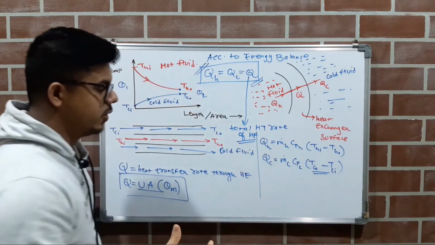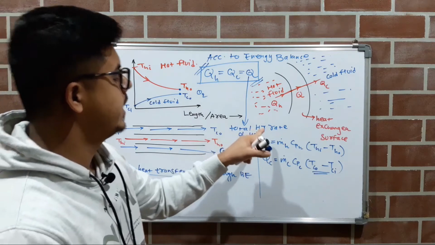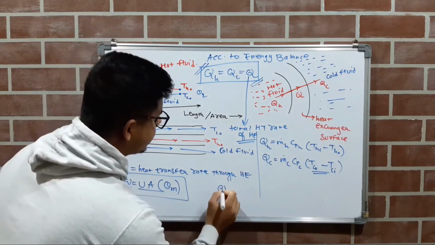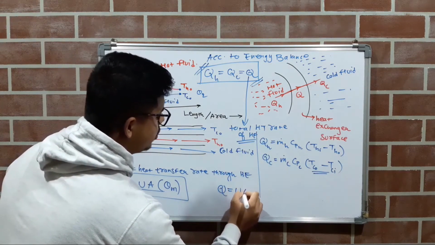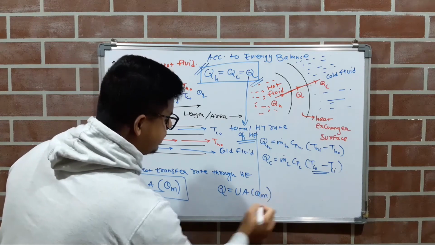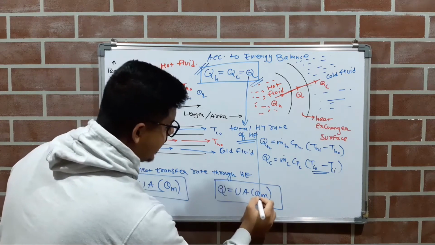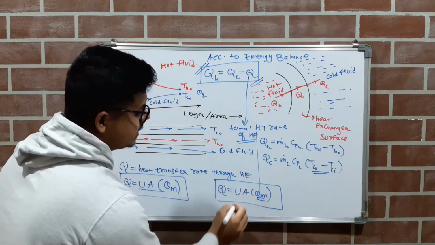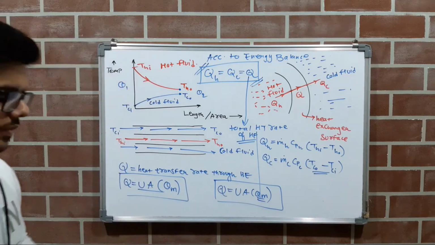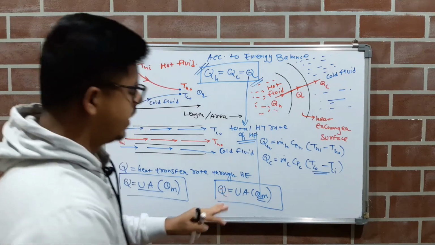If in the question you are asked to find the heat transfer rate of a heat exchanger, then you will directly use this formula, Q equals UA into theta M, provided you have the value of theta M. A is the area of the heat exchanger, U is the overall heat transfer coefficient, right?